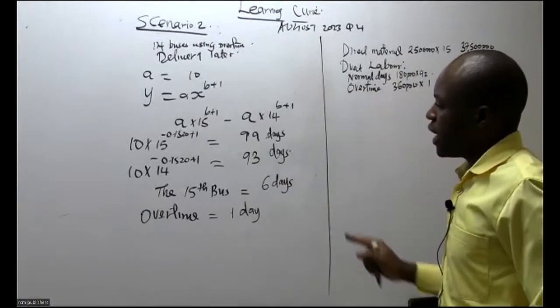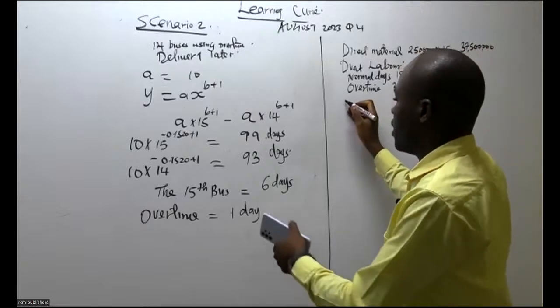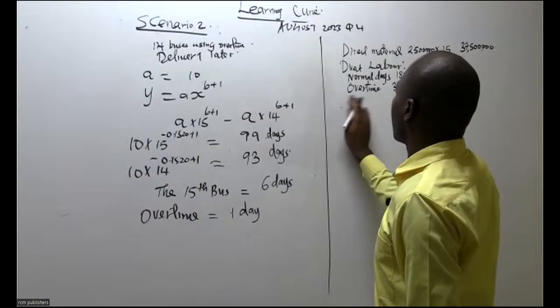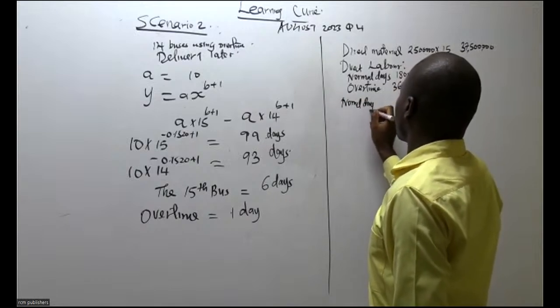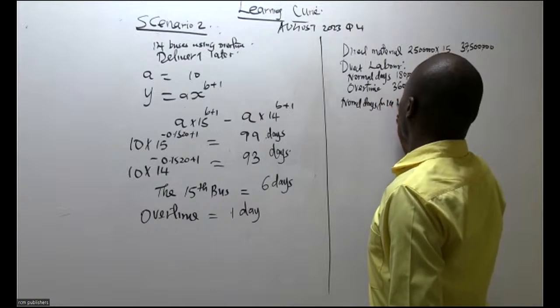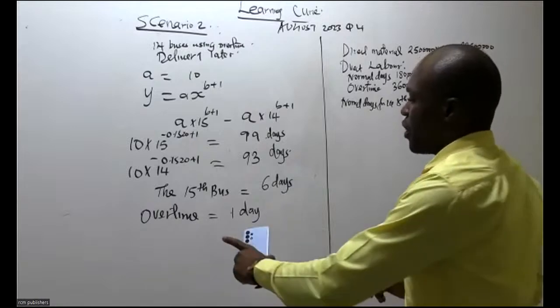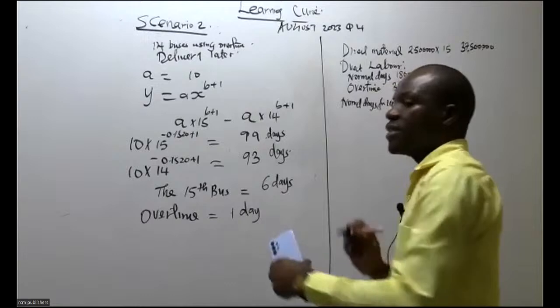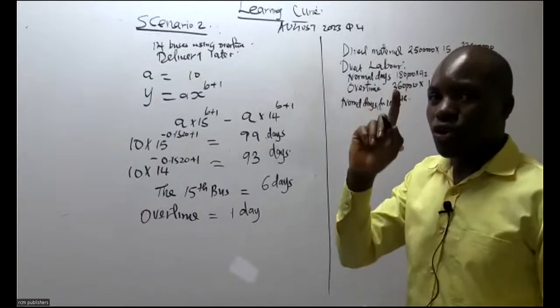Now, we need to get the time taken for producing the last, the 15th bus. Direct labor for normal days for the 15th. The 15th bus, you are going to take how many days? 6. These 6 days is not overtime.